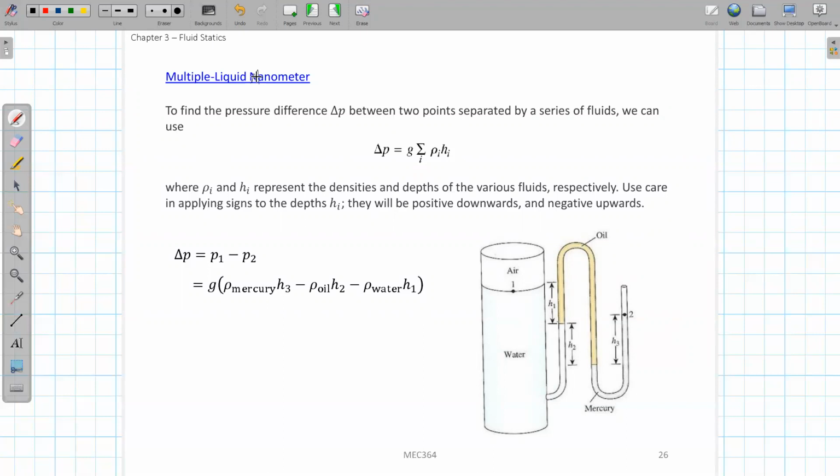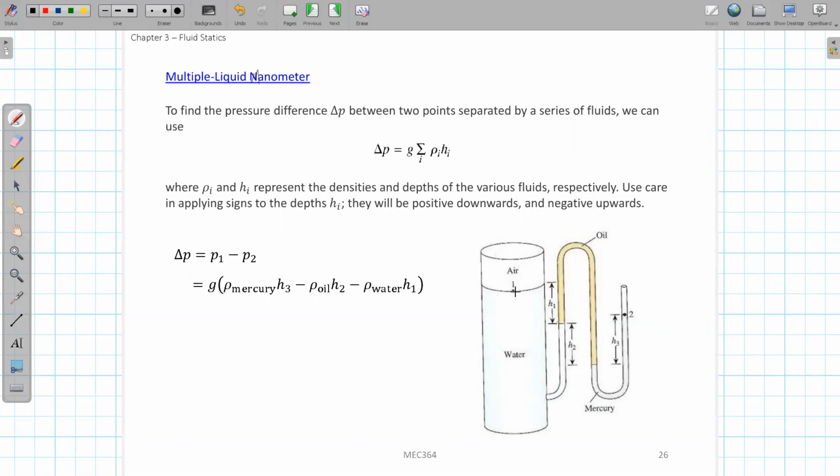For example, if I have this manometer, not only a single U-tube, I may have multiple U-shaped tubes, and we have air here, and then we have water here that we want to measure. Starting from this region, we fill the tube with oil, and at the end we fill with mercury.